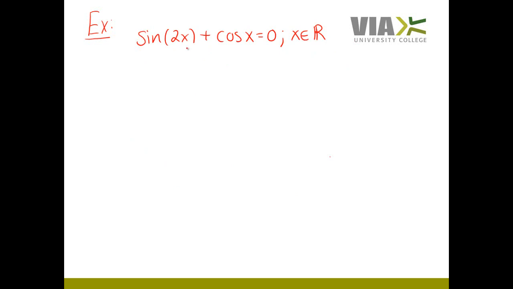Here we have the problem with the argument, but no problem, because remember from the trigonometric relations, which you can find further information about in your notes, sine 2x is equal to 2 times sine x times cosine x. And then I of course have to add the cosine x, that is equal to 0 according to the initial given equation. So now you can see, based on this small operation, I have only one type of argument x. So that's perfect.